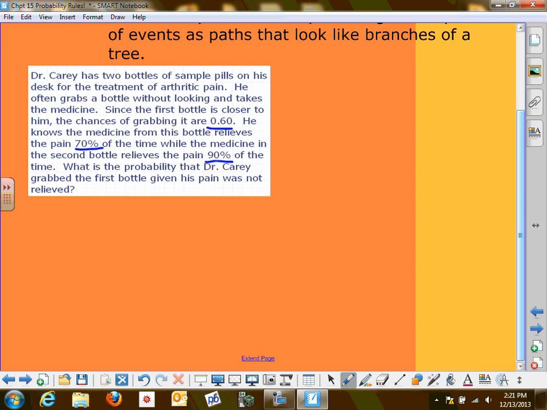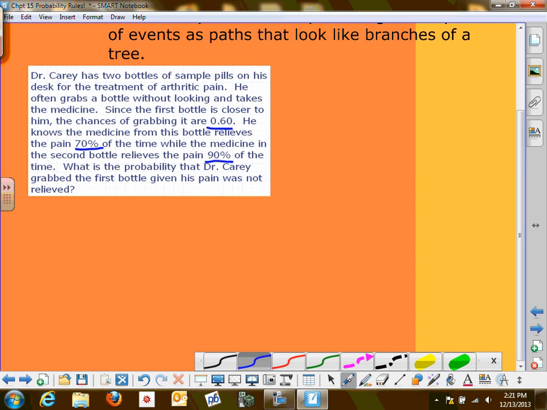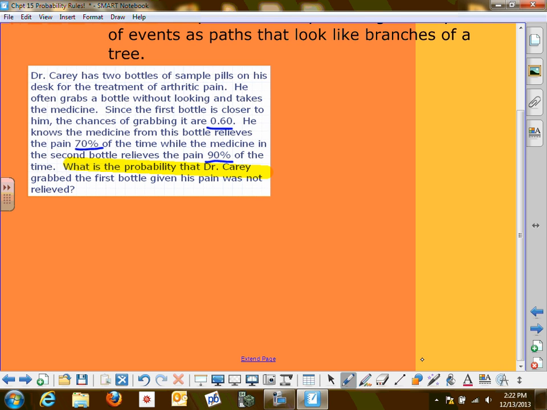So, here's the question. And I actually want you to write this in the given that notation. What is the probability that Dr. Carey grabbed the first bottle, given that his pain was not relieved? I want you to write that question in this format.